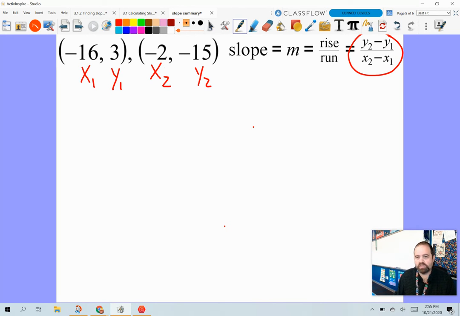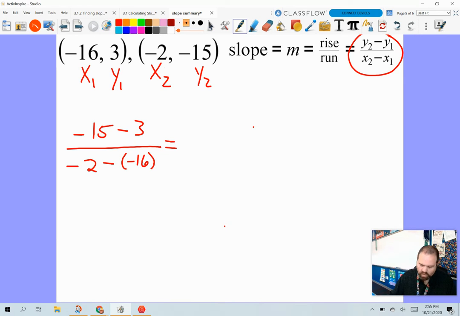So your numerator is going to be what? And your denominator is going to be set up as what? Once you've decided how to set these up, all you have to do is actually subtract the numbers that you set up.